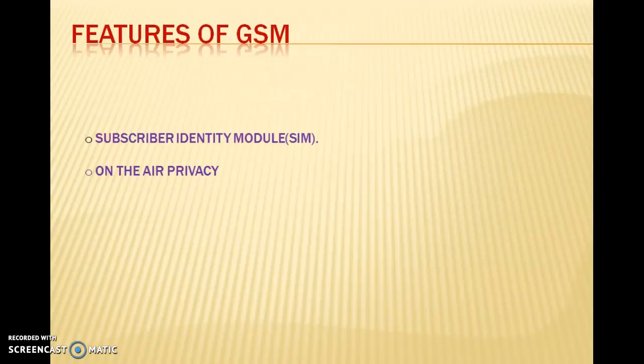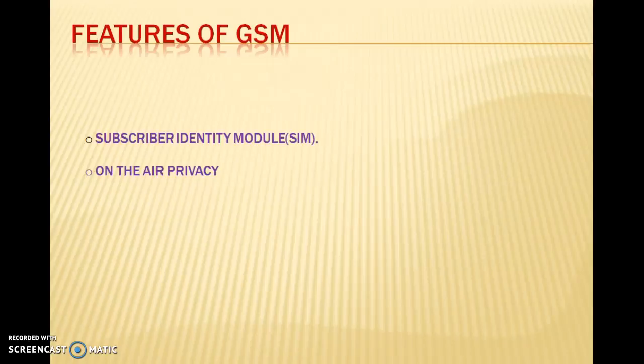What is this? When you are making a call and talking with another person, you want to be sure that your voice, your private talks, will not be leaked and no one else can use that talk or data.